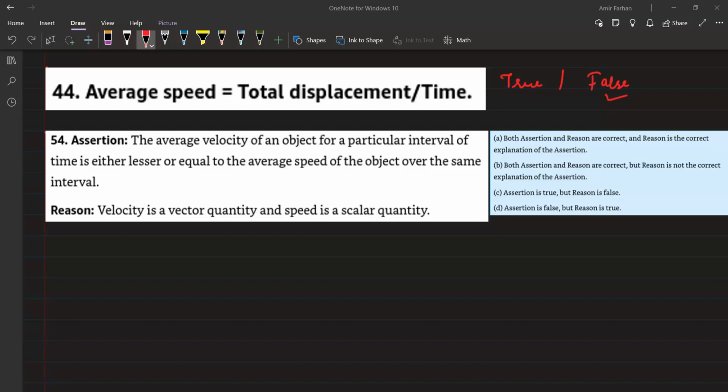Sir, assertion is false and reason is true. Assertion is false and reason is true according to Avni. Okay, option B. What about Reem, Jabbar, and Riaz? Option D. Is it Jabbar or Riaz who is speaking?